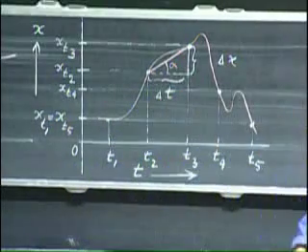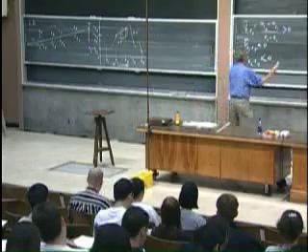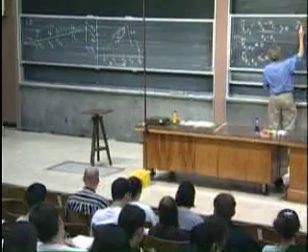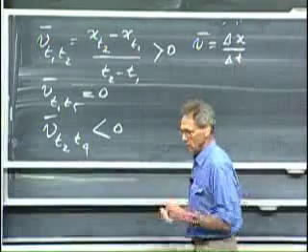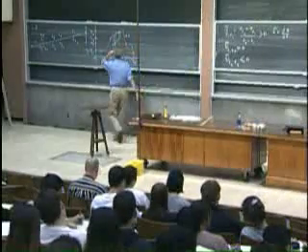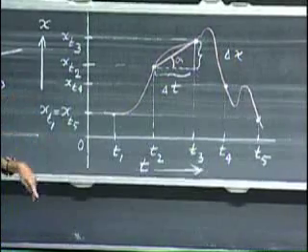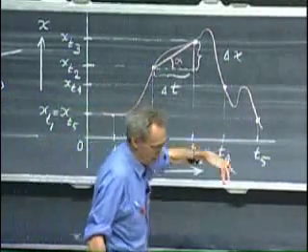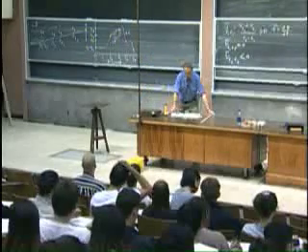And so you could write now, if you're careful about your sign convention, that the average velocity equals delta x divided by delta t. But be careful. If the angle is positive, I call this a positive angle, then the average velocity is positive. But if I have a negative angle, then the average velocity would be negative.